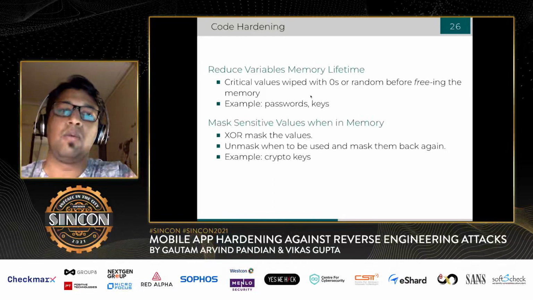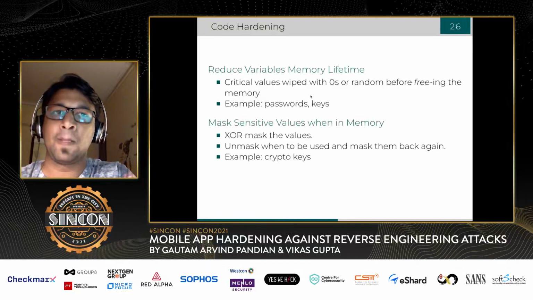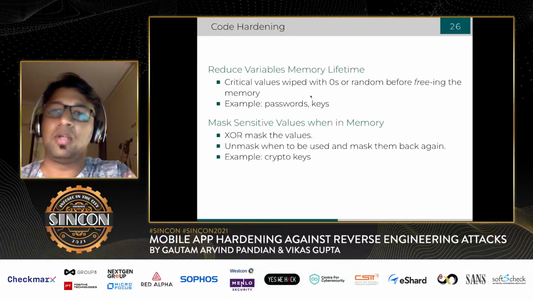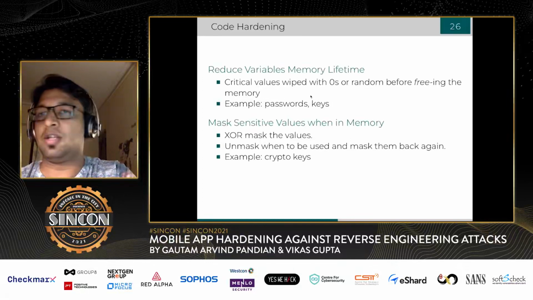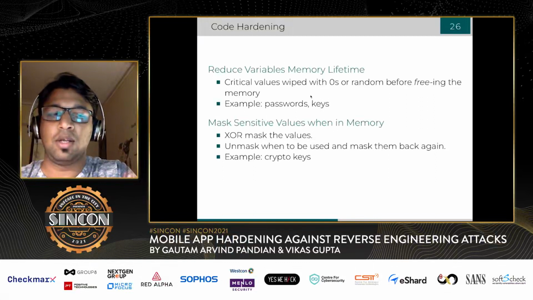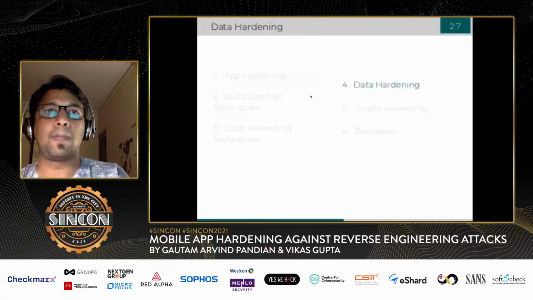Why not have another XOR byte array, and just keep the key masked by XORing it with this byte array, and when you need it, unmask it, use it, and once it's done, XOR it back again. You can do this process as many times as needed, and it ensures that the information is not there in memory for a long duration.